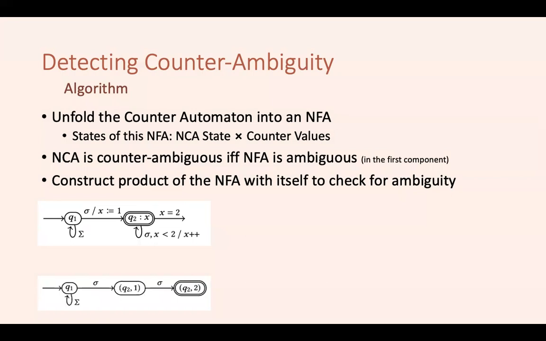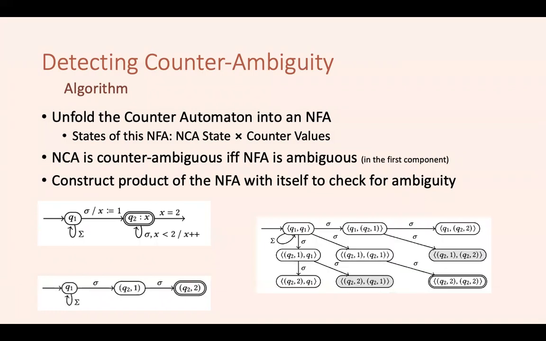To do that, I would basically simulate 2 copies of the automaton at once. This is a very standard ambiguity checking algorithm on standard automata. So this is why we call this counter ambiguity partly. If you construct the product of this automaton with itself, it looks like that.